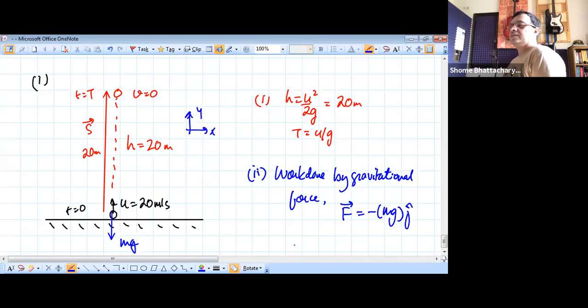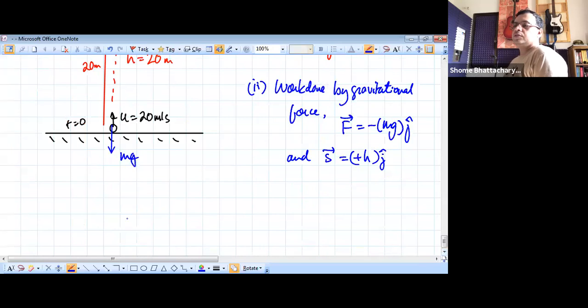Whereas the displacement, I should write as positive h j cap. So you can see that the force is like this, and the displacement is like this. So the angle between them is 180 degrees.